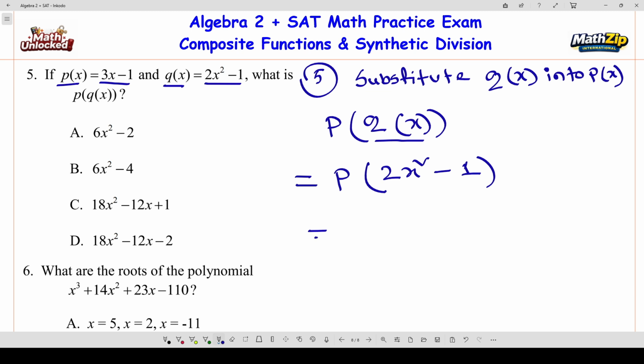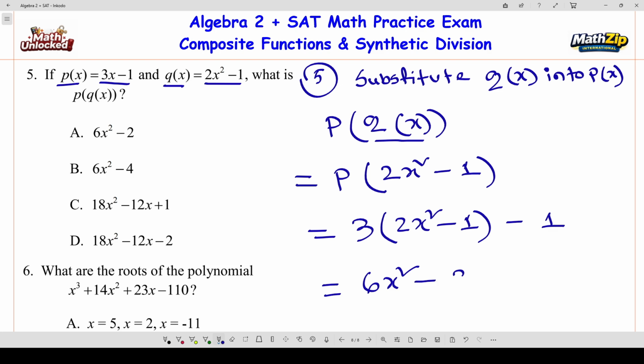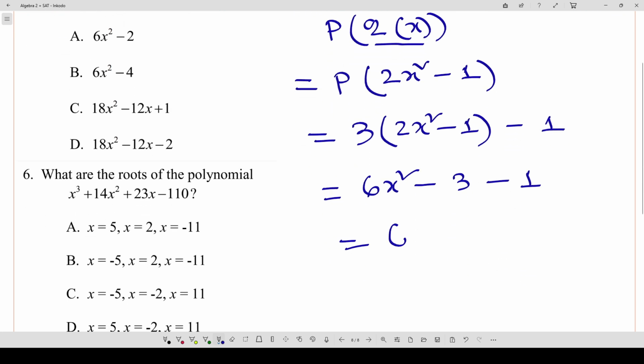In this case, we can write 3, and instead of x, we write 2x squared minus 1, and here is a minus 1, right? Then 3 times 2 is 6, and then x squared, 3 times minus 1 will be minus 3, and then minus 1. And finally, we get 6x squared minus 4.